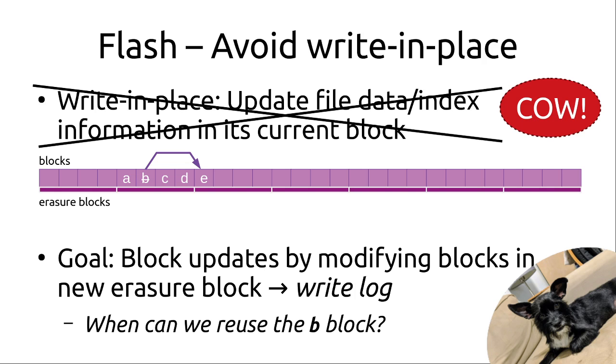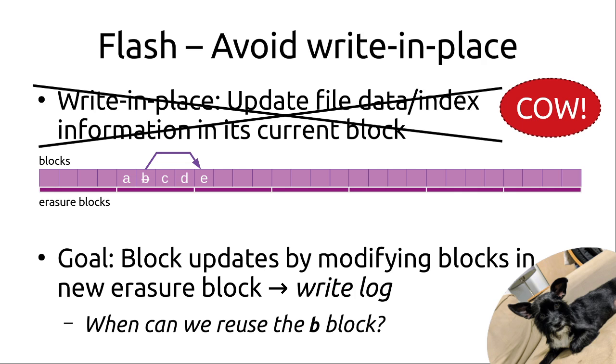Okay, so the big goal of this is effectively that we do block updates not by modifying the block itself, but moving the new version of that block into a new erasure block, therefore preventing us having to erase the previous one.